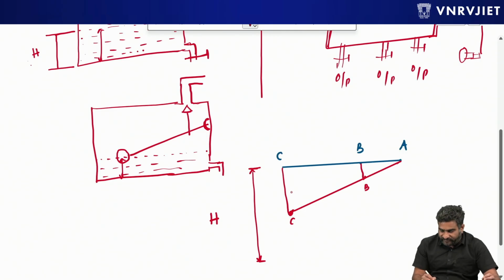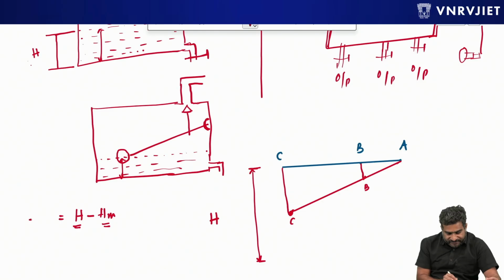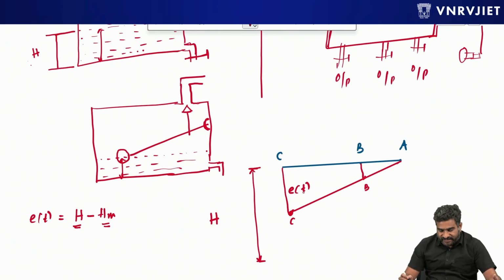So in some sense it is the difference between the required preset height minus the measured height. So I can treat it as some error, and it is a function of time. Of course it is a function of time. So this length is representing the difference between the requirement and the availability.